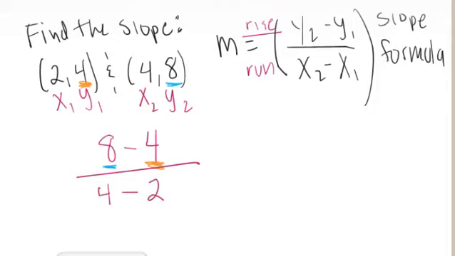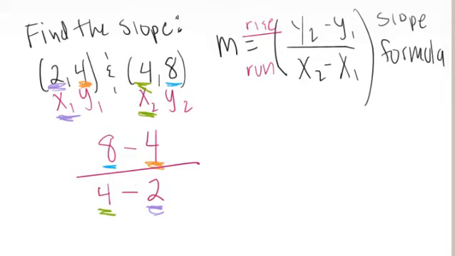We'll go ahead and color code those. 4 is x2, and 2 is going to be x1. Whoops, I did it to the wrong one. It's supposed to be this number up here, and this is supposed to be this number up here. There you go.